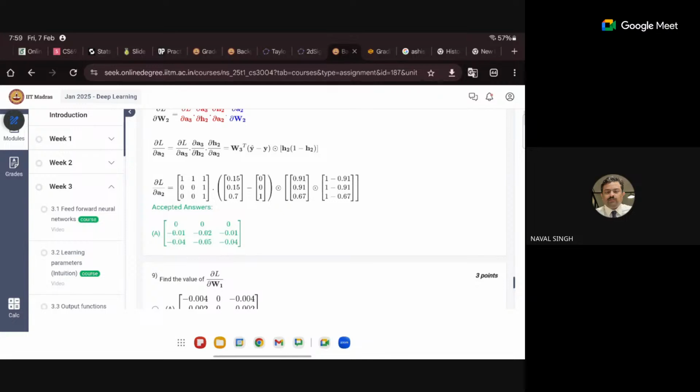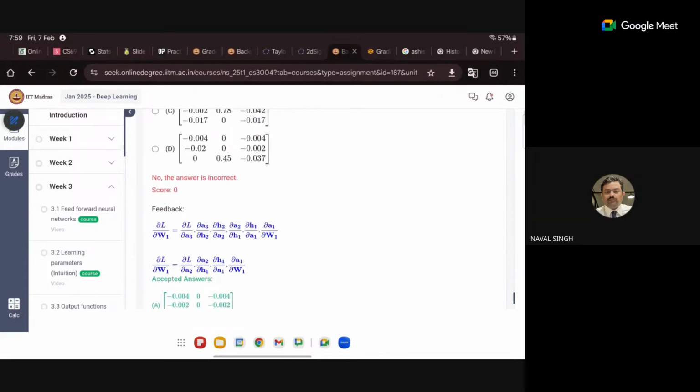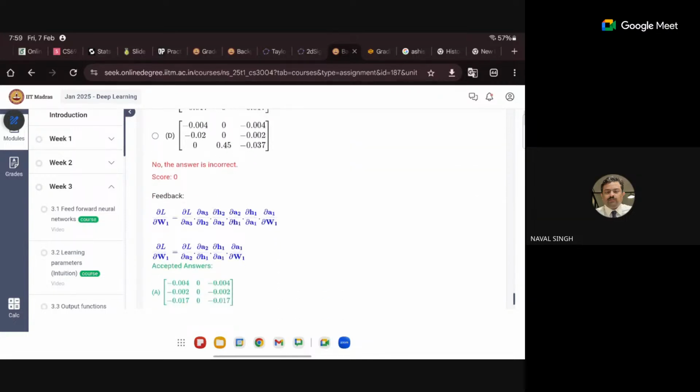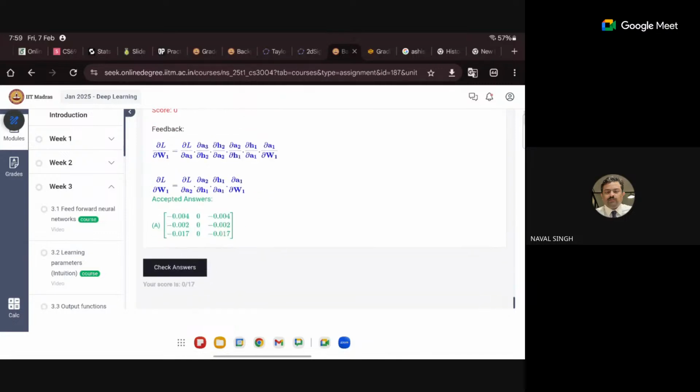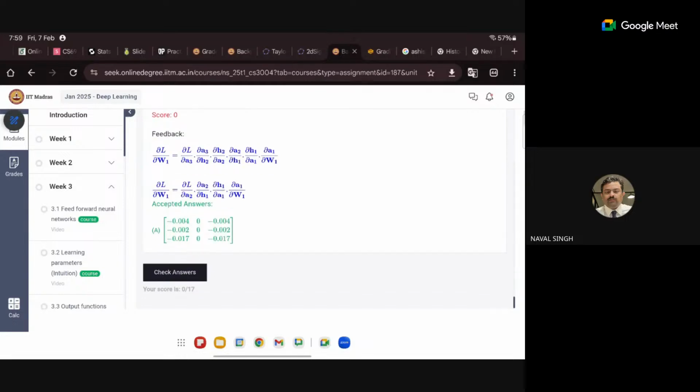Were you able to update all the parameters, W1, W2, W3 and B1, B2, B3 as well? Because the loss computation is based on that only. You'll do another forward pass and get it. Nothing new, but for that forward pass you require the updated weights.